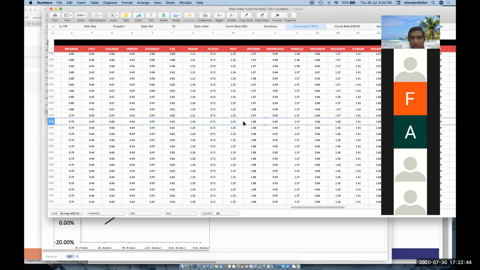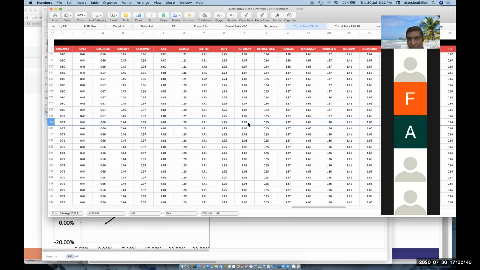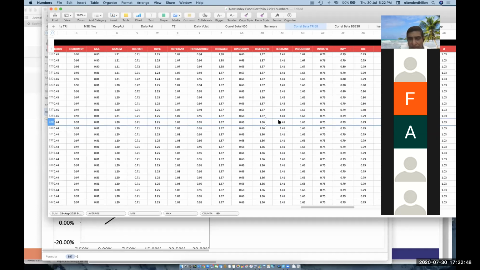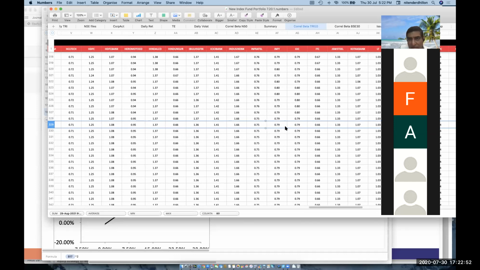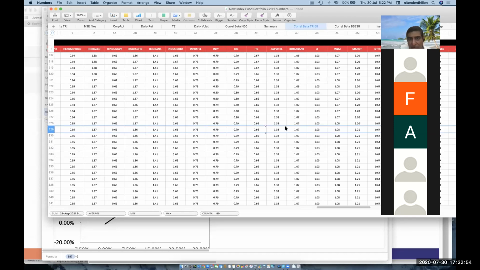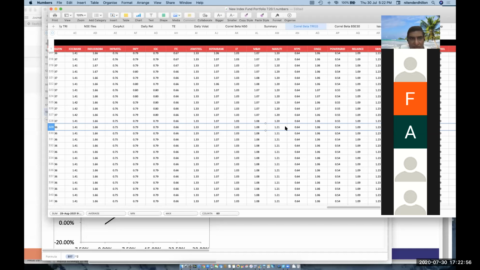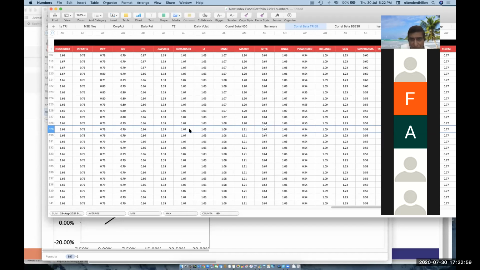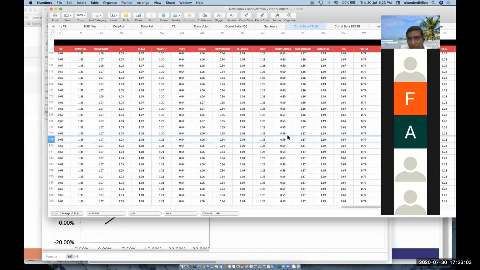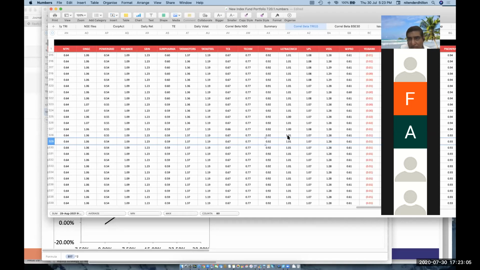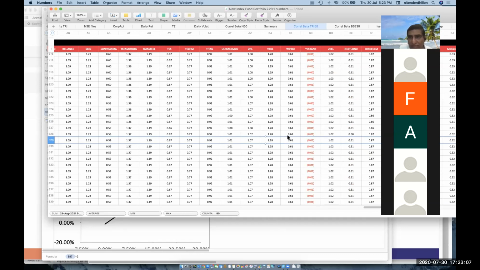HDFC and HDFC Bank, north of 1. ICICI Bank 1.4, IndusInd 1.66. And Kotak 1.07. SBI is about 1.23. That's it. So most of the banks happen to have a beta more than 1.